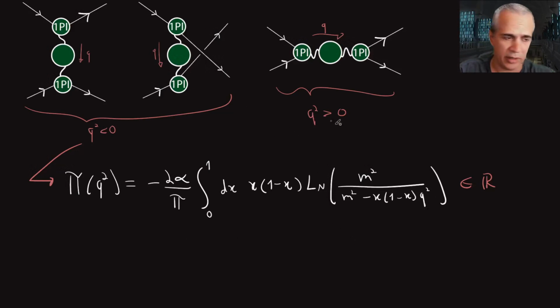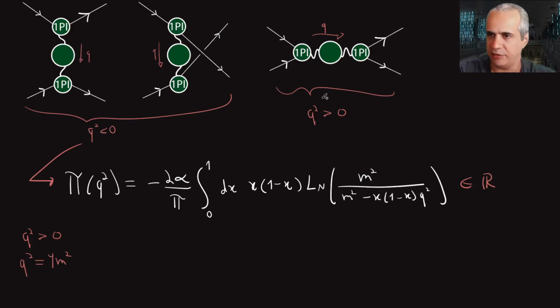Now, when Q square is bigger than 0, and specifically if it just gets bigger than 0, we still have no problem. But when Q square gets to 4m squared, you might remember that this x(1 minus x) is bound between 0 and 1/4 in this range of integration. When you get to 4m squared here, that means that this term can become bigger than this one, and then this logarithm develops a branch cut.